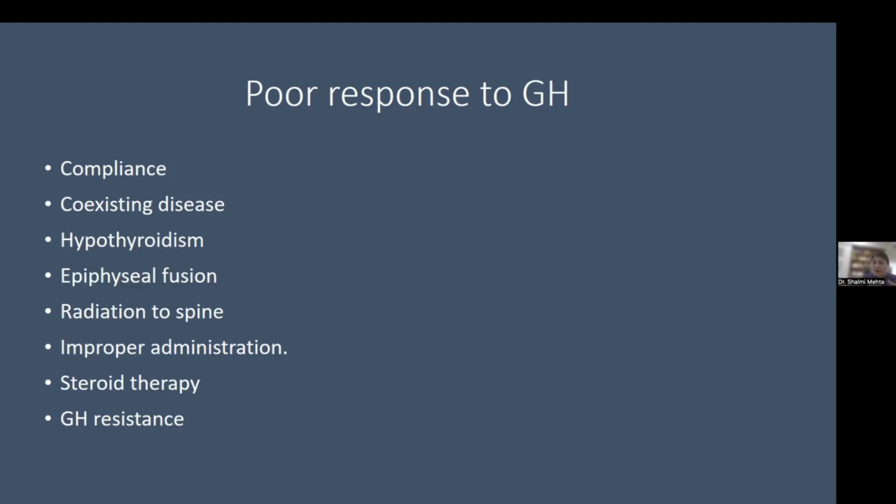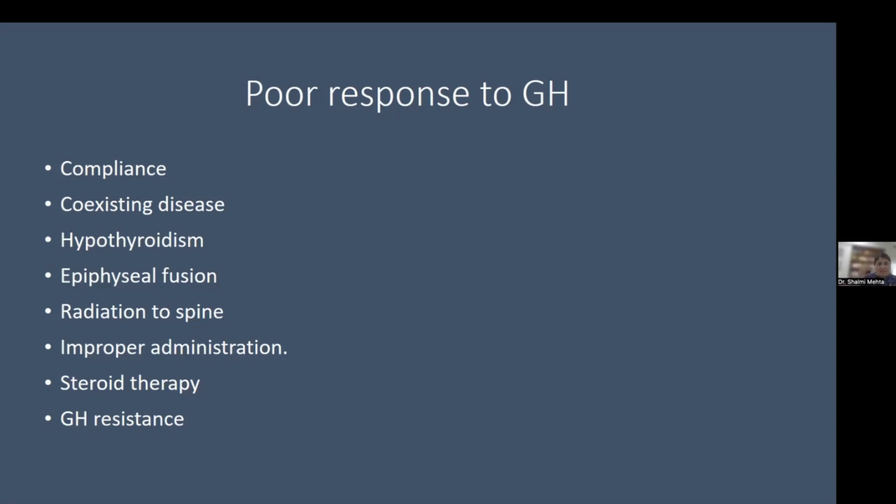Existing hypothyroidism. So we saw in the earlier slides, thyroxine is also a very important hormone for growth. So if you're missing hypothyroidism, again, we would be screening out everything before we start somebody on growth hormone treatment. If your bones have already fused, your growth hormone is not going to work, right?